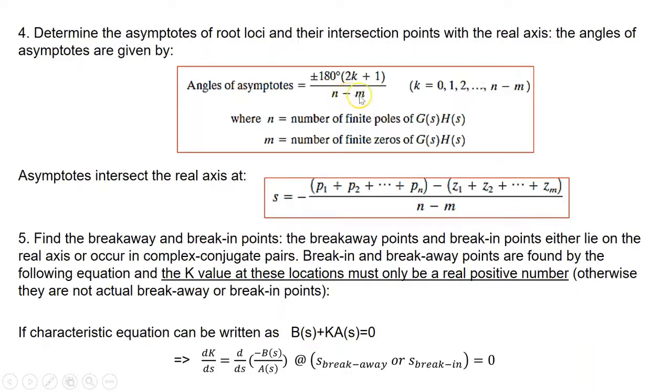So if you have n poles and m zeros, then n minus m will go to the denominator, right? And the intersection point is what? Negative of all of the p-values plus all of the z-values, right? Or if you bring the negative to the backside of the ratio, it's negative of all the p-values minus the z-values, divided by n minus m.